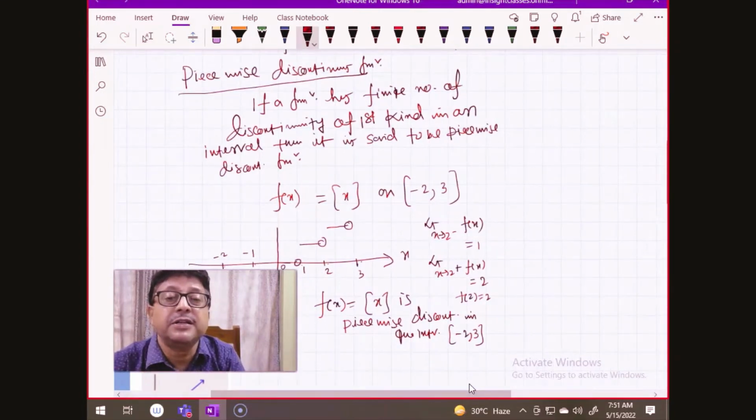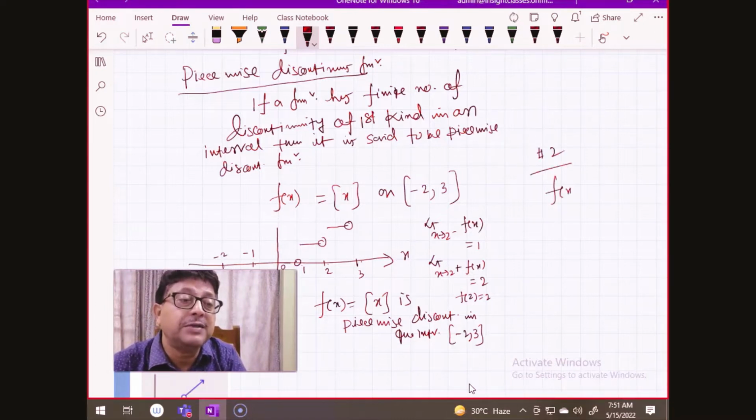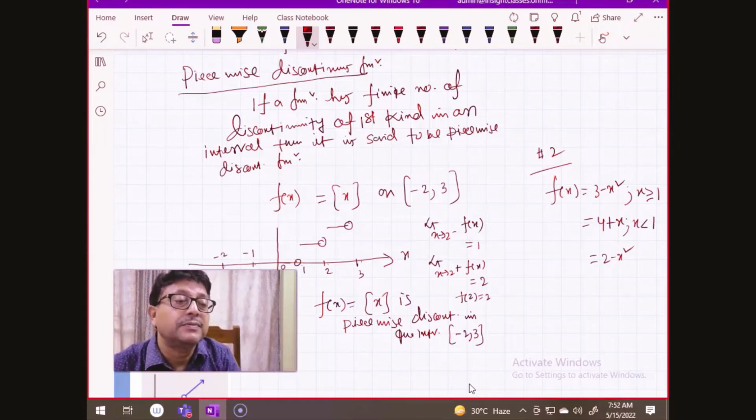We can find another example. Suppose the function is stated in this manner. Example 2: f(x) equal to 3 minus x square for x greater than or equal to 1, 4 plus x for x less than 1, 2 minus x square for x greater than or equal to 2, and 5 plus x for x less than 2.